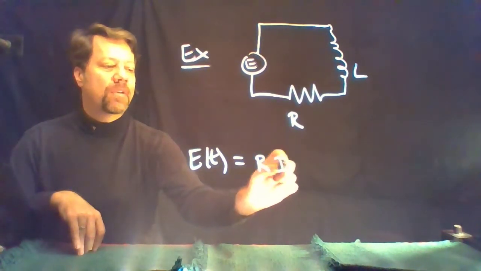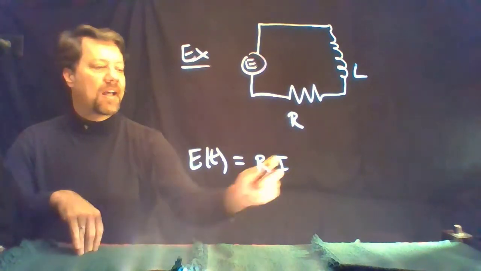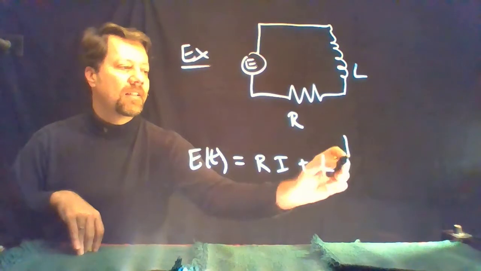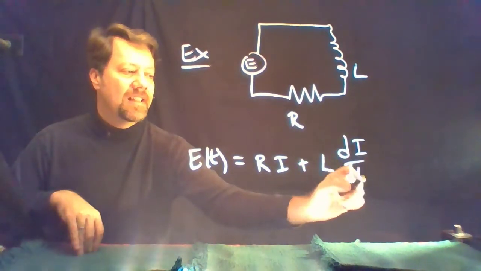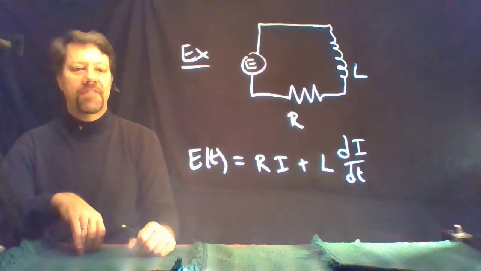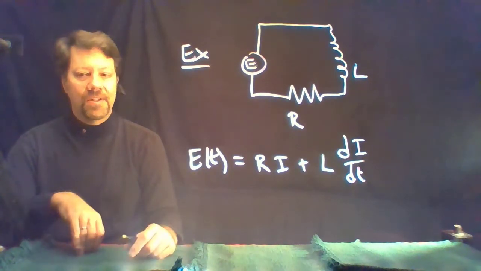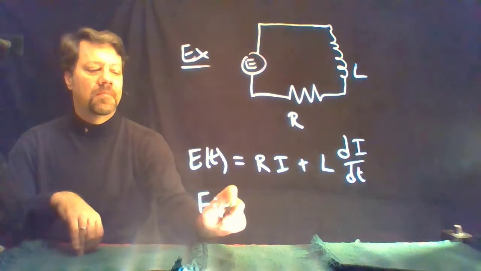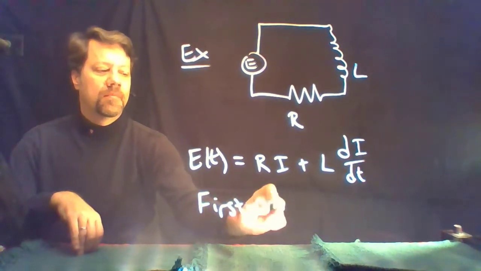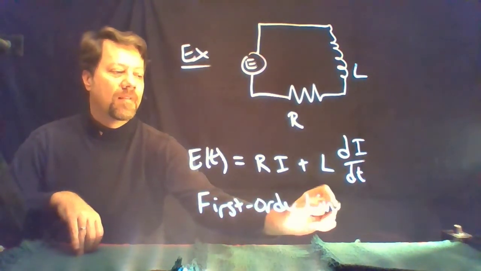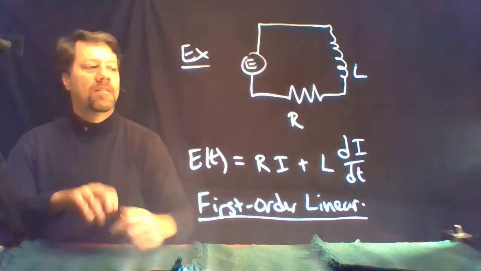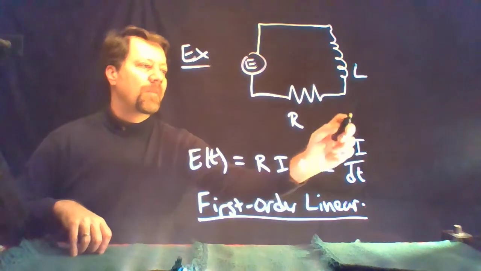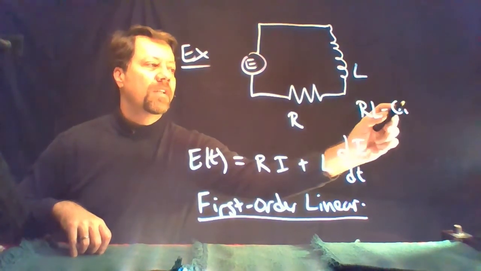The voltage drop across the resistor is R times I, whereas the voltage drop across the inductor is L times di dt, where this is just some arbitrary function. This equation is first order linear. We call equations of this type RL circuits.